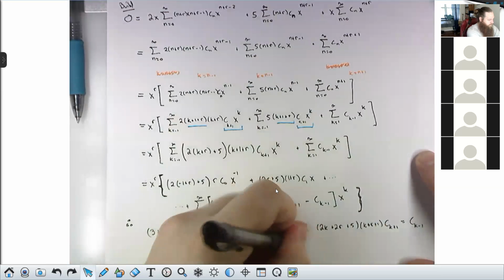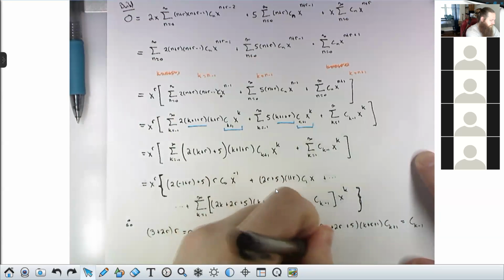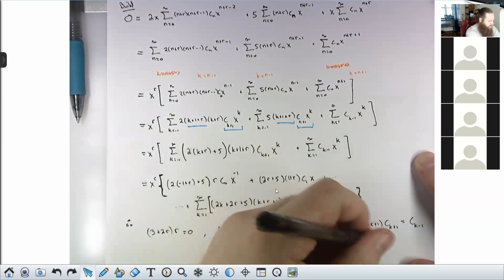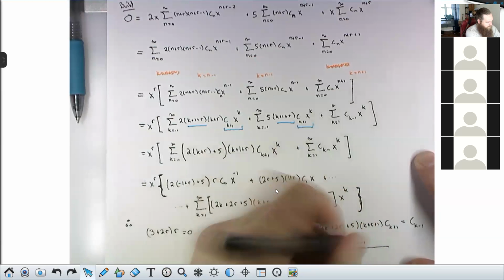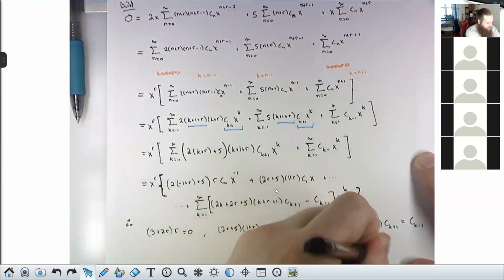In other words, c k plus 1 equals c k minus 1 divided by 2k plus 2r plus 5 times k plus r plus 1.